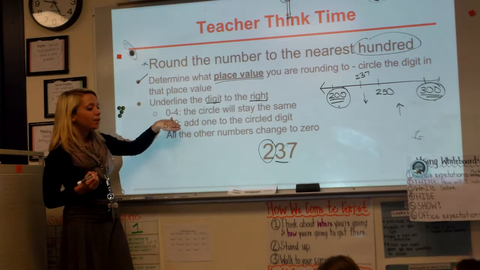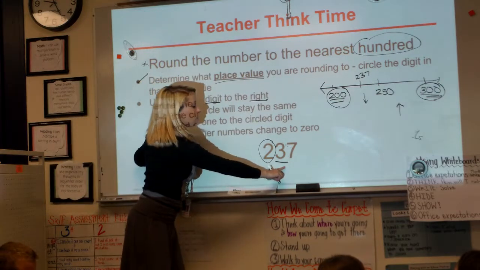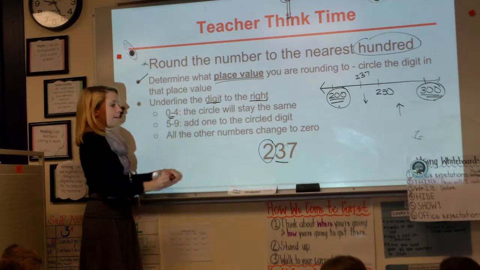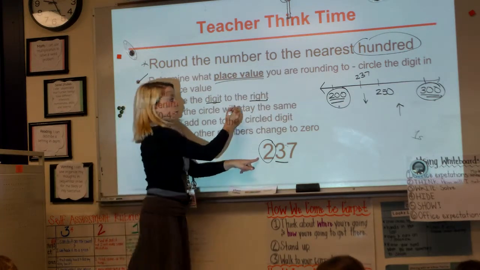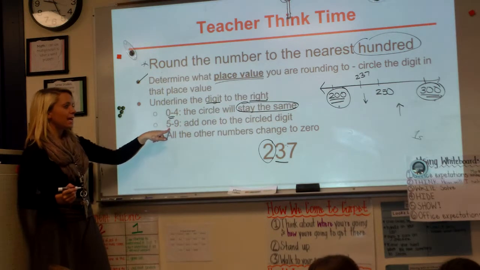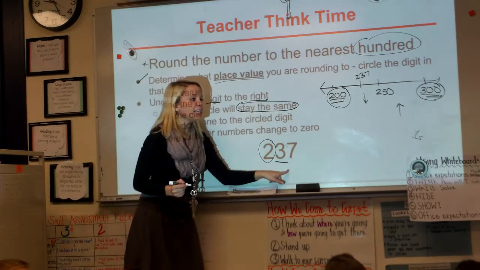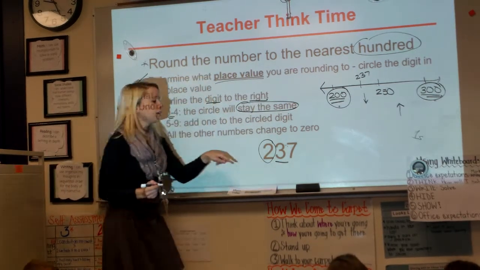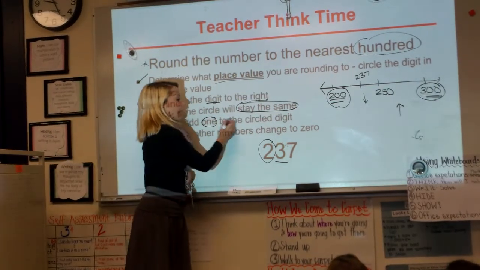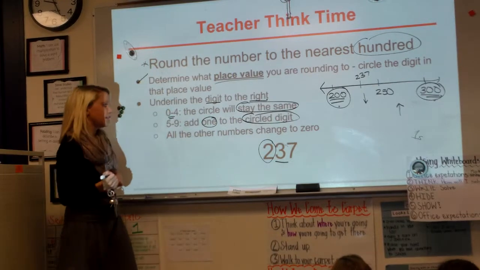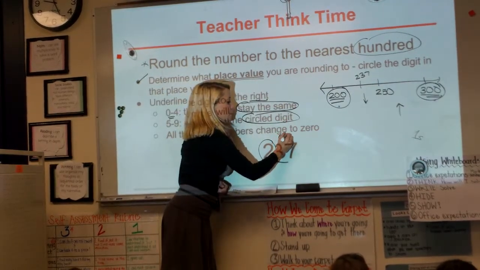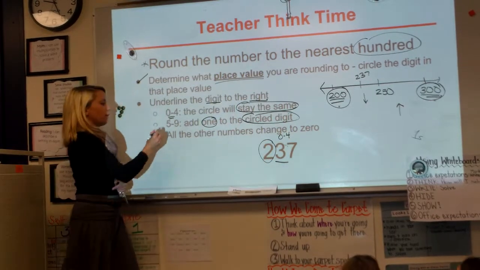If my underlined number, 3, is 0 through 4, my circled number will stay the same. If my underlined number were to be 5 through 9, I would add 1 to the circled digit.